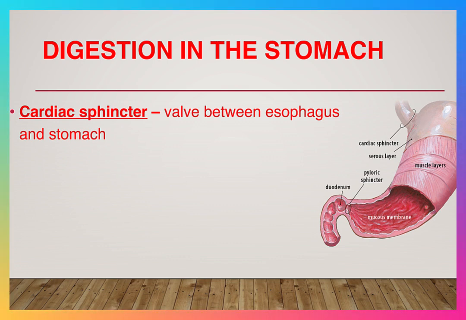Remember, this is acid in here, and too much of it coming onto the esophagus will cause damage, so the cardiac sphincter prevents that from happening. The pyloric sphincter on the other end controls the release of the food into the small intestine.